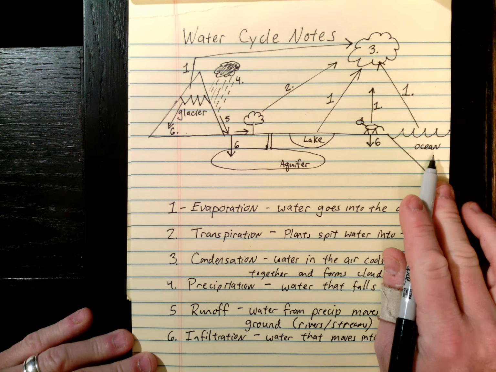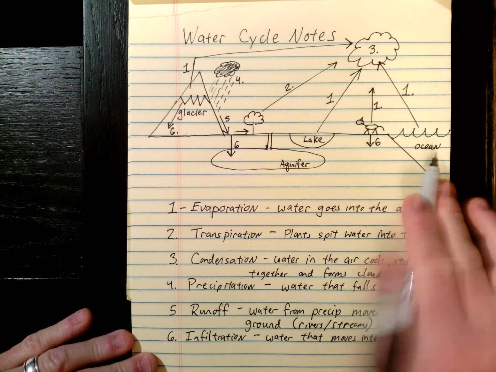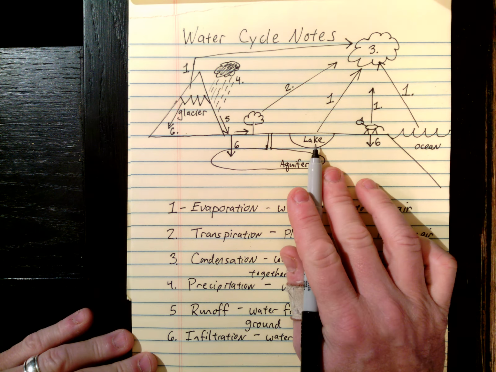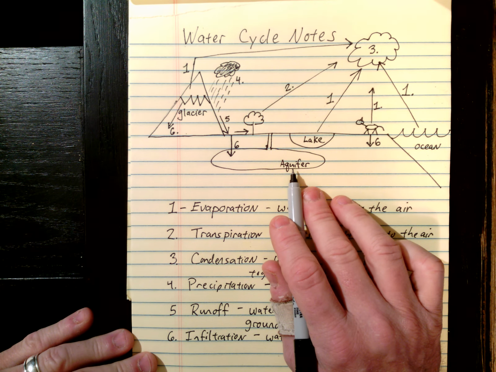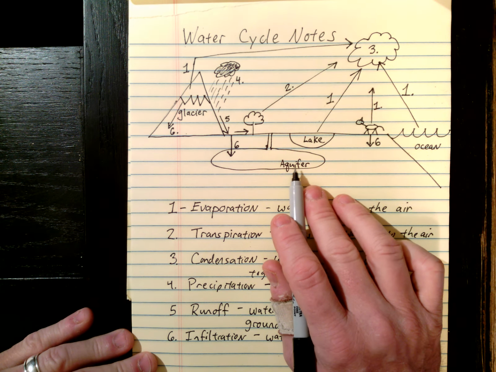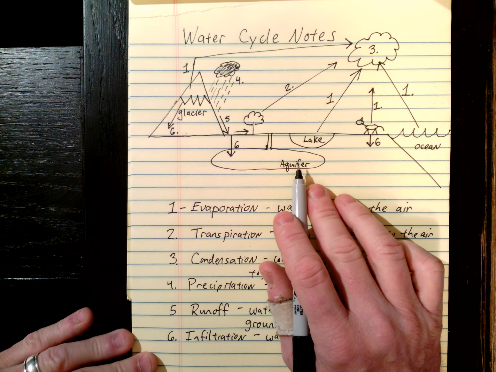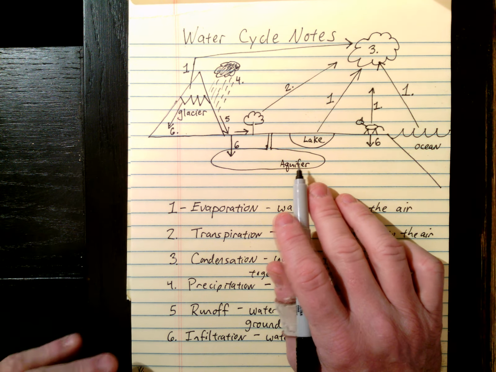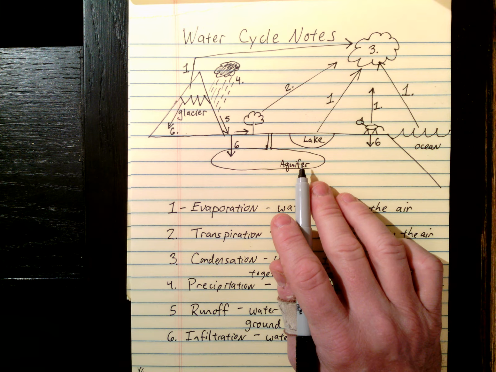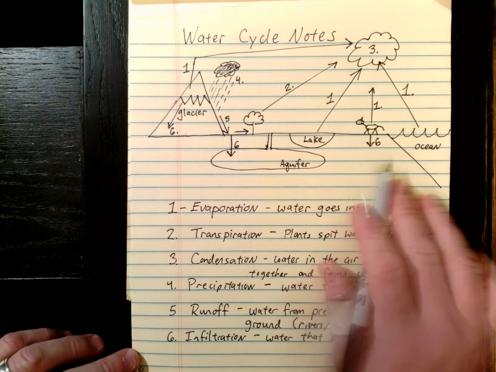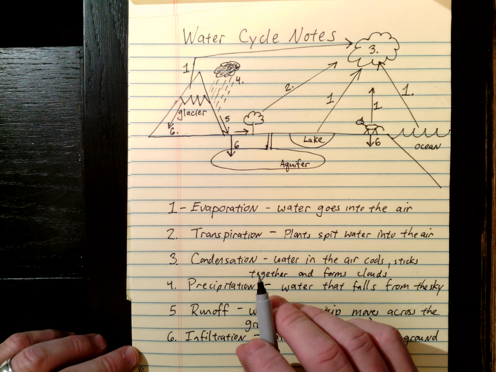Water in the ocean sits there a long time. Water in a lake sits there a long time. Groundwater in the aquifer sits there a long time. When we did our water cycle game, we noted on our little map that we drew that these are places where water stays a long time.